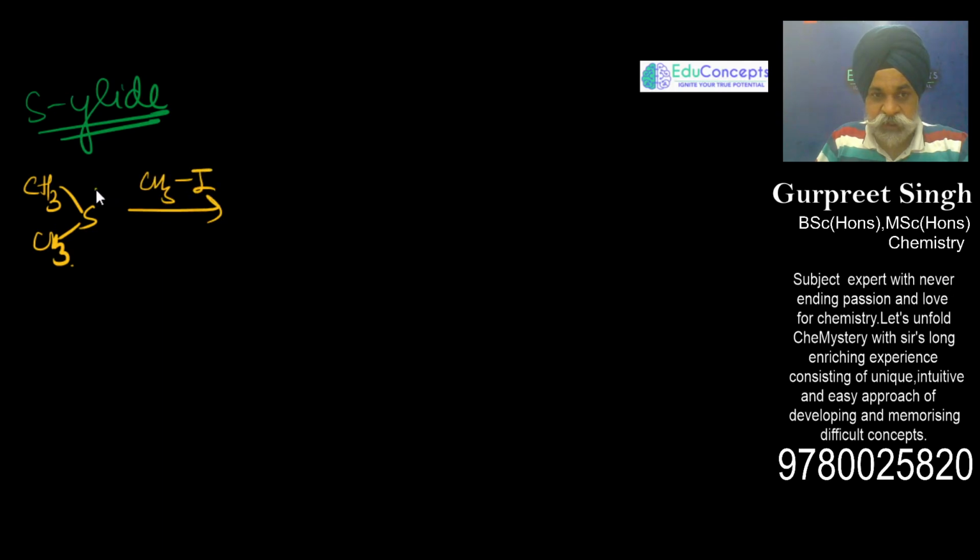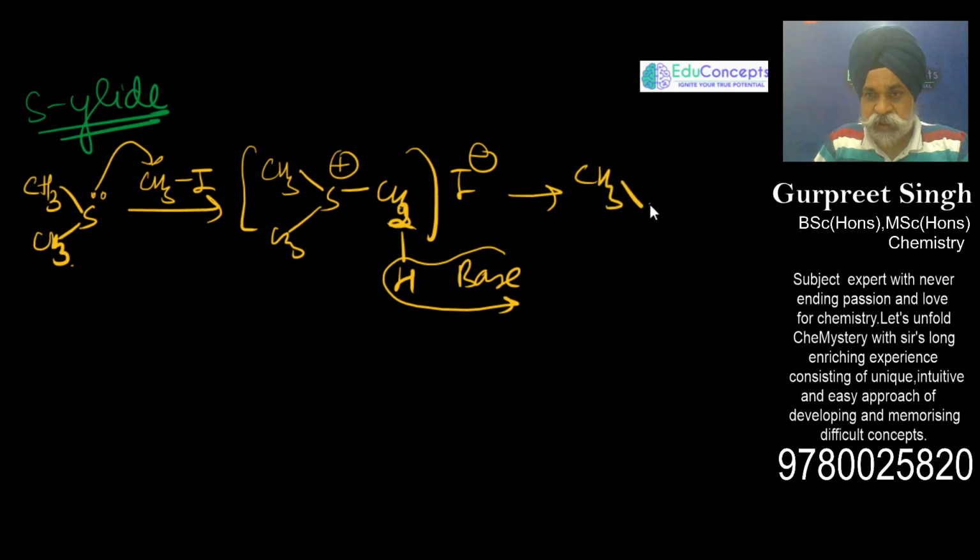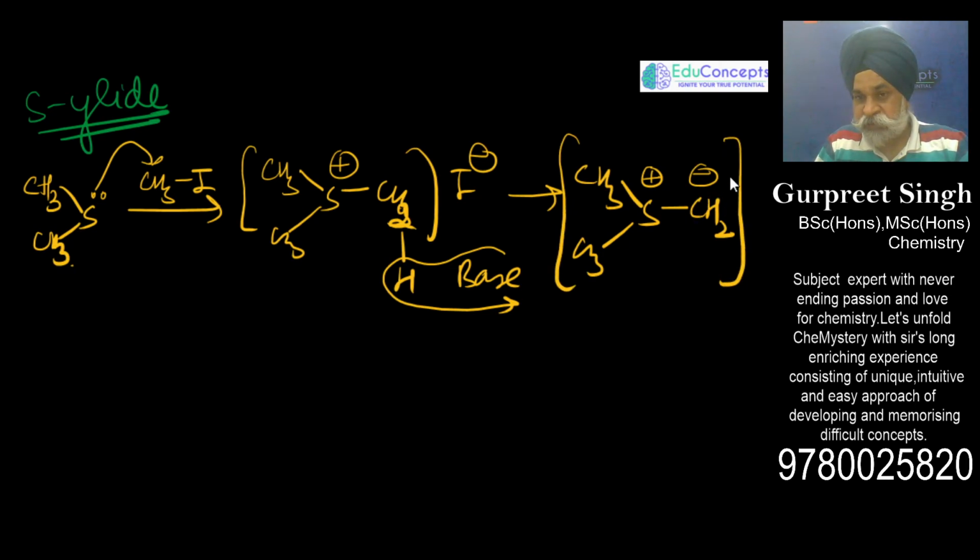First the nucleophilic substitution happens because sulfur has a lone pair, so you end up getting this sort of moiety, and along with it is the counter ion. Now into this, if you add some base, that base would abstract this H positive, resulting in the formation of a similar entity to the one we used for phosphorus. So here you would get CH2 negative, and this was sulfur positive. This moiety is again a source of carbanion. This is what you call a sulfur halide.